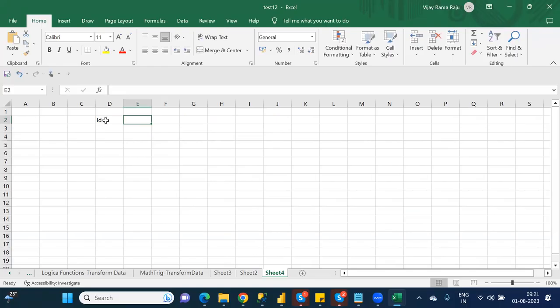Suppose I have 2 tables. We apply joins on multiple tables, but I am taking an example to show this. First, I will explain in Excel, then we can go with SQL Server.